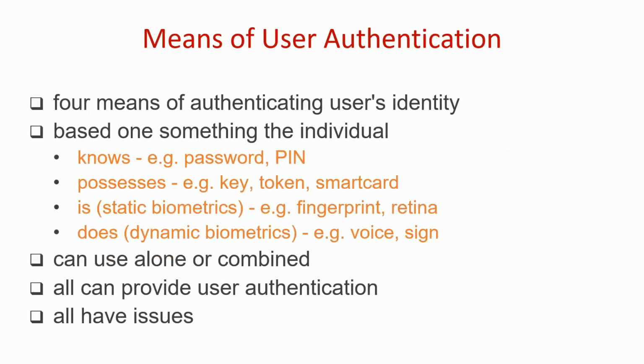When it comes to methods of user authentication, we can actually categorize them into four main categories. There are so many types of user authentication mechanisms, but we can categorize all of them into four categories. And it's based on what the user actually presents to the system. The categories are something that the user knows, which is, for example, the password or the PIN number, and something that the user has or possesses.